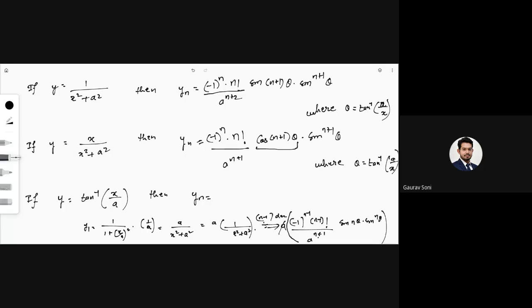This a will cancel out with this plus 1. So the formula is minus 1 raised to n minus 1, n minus 1 factorial, sine of n theta, sine raised to n of theta divided by a raised to n.